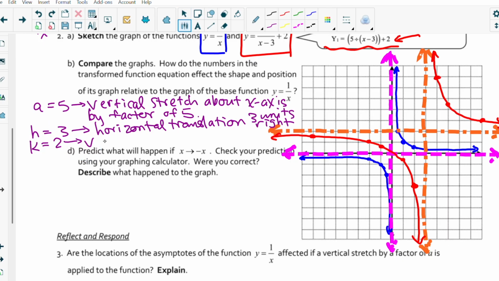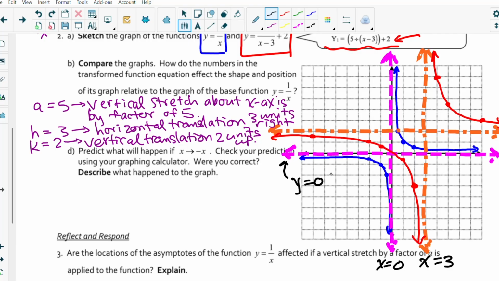That is a vertical translation, 2 units up. Okay, and before I forget, I'm going to label my vertical and horizontal asymptotes. This one, that is y equals 0, and this one is y equals 2. Alrighty.